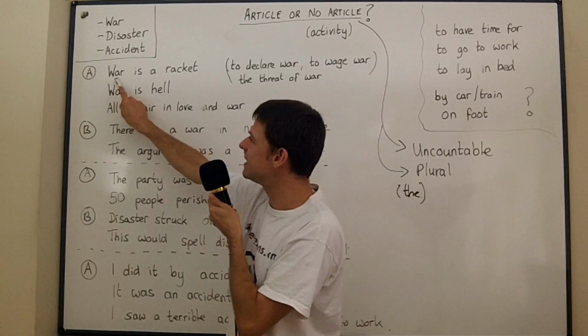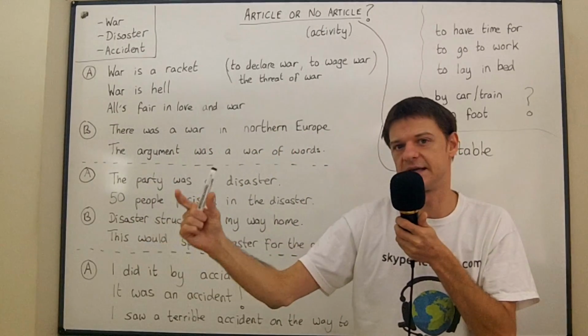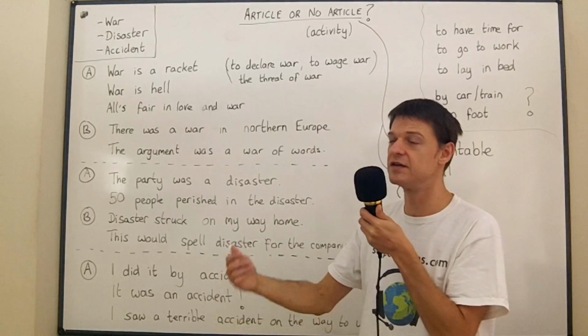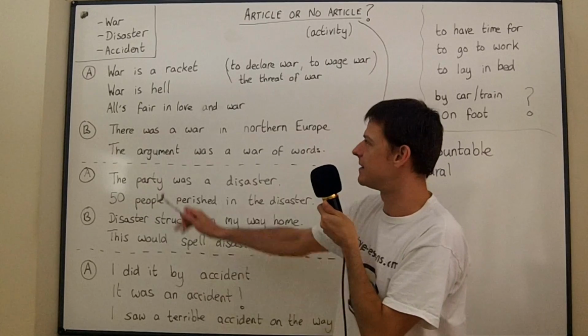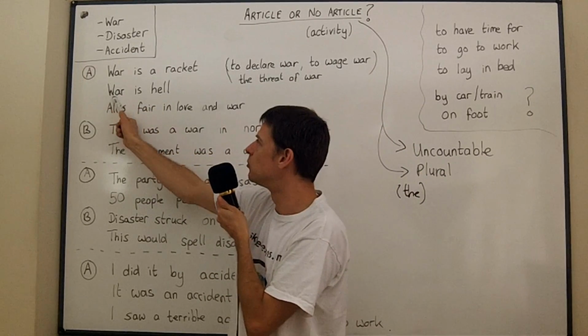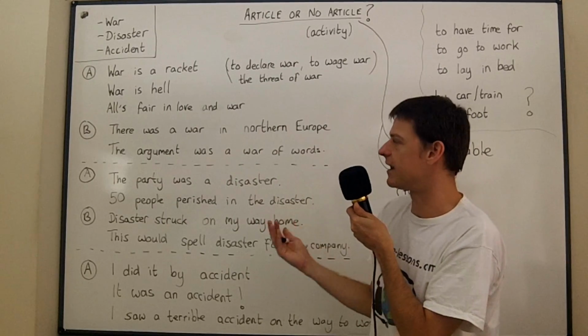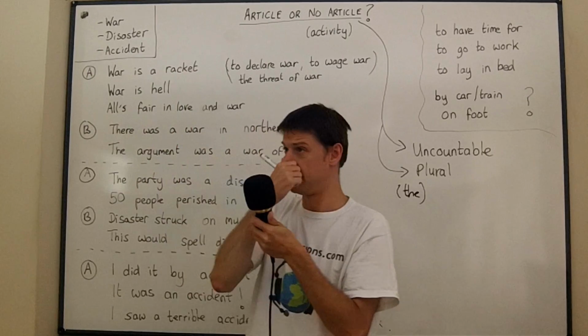And he's clearly talking about the activity and not about a conflict in one place. If you're talking about a conflict in one place, you probably need to use the countable form of war. But when you're just talking about the activity, "war is hell." Here you just mean generally that war is hell, so you're certainly talking about an uncountable form of war.